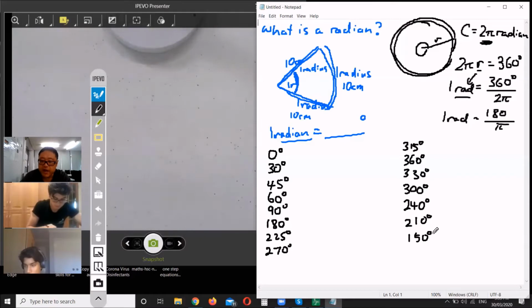These are some of the major angles you're going to have to find. You will encounter these angles all the time. So the sooner you can convert these to radians, the better off you'll be.